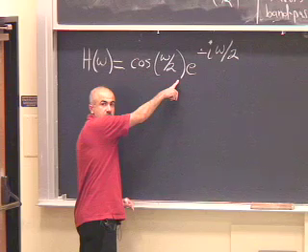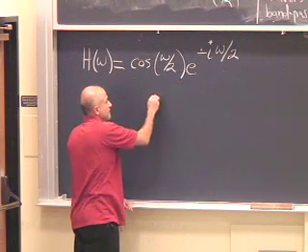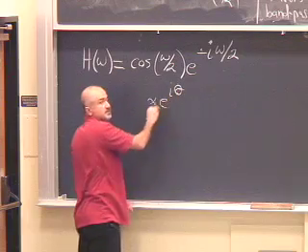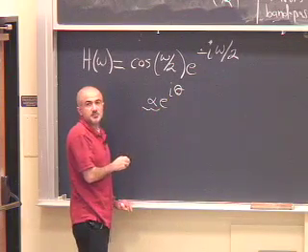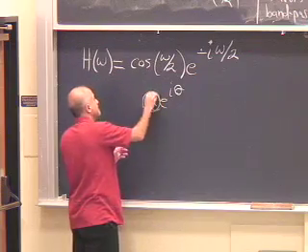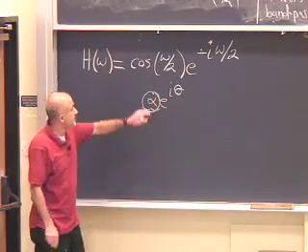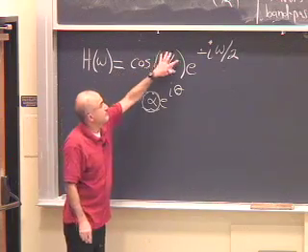If I had it in the form alpha e to the i theta, and alpha was guaranteed to be non-negative, then I automatically have it in polar form, and alpha must be the magnitude of this function. That's not the case with cosine.